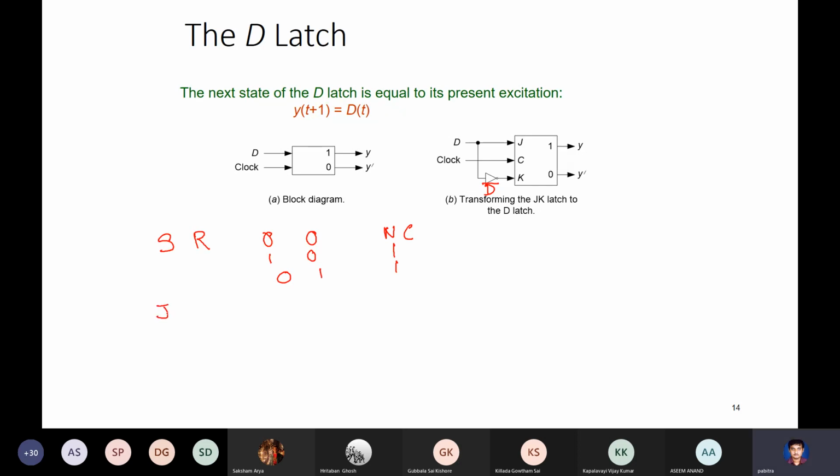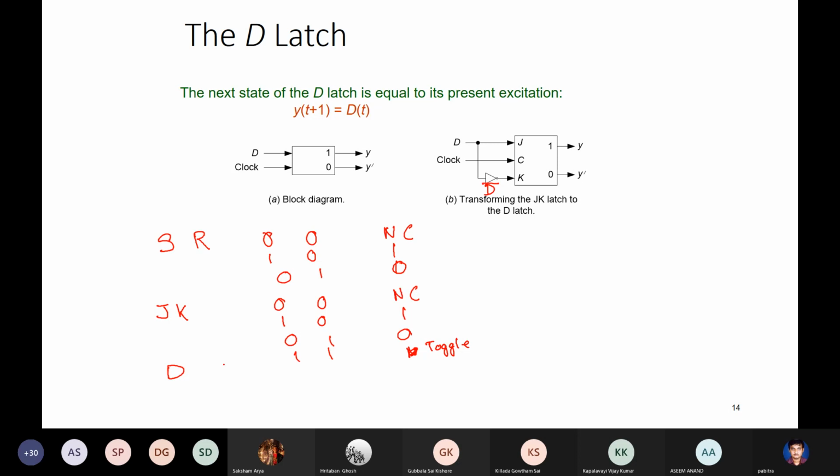You have JK. When input is 0, 0, again no change. When input is 1, 0, it is 1, 0; 0, 1 gives 0, 1; and 1, 1 is the toggle of the current state.